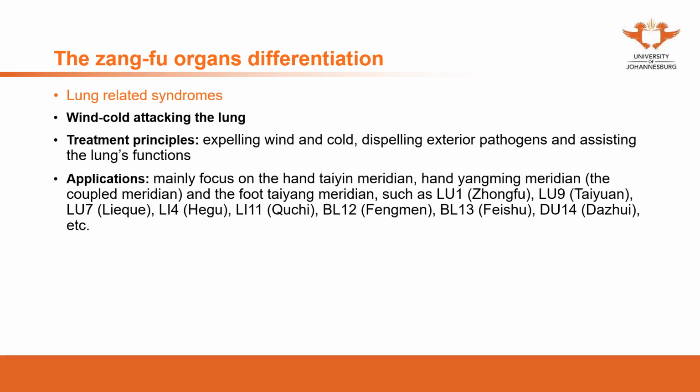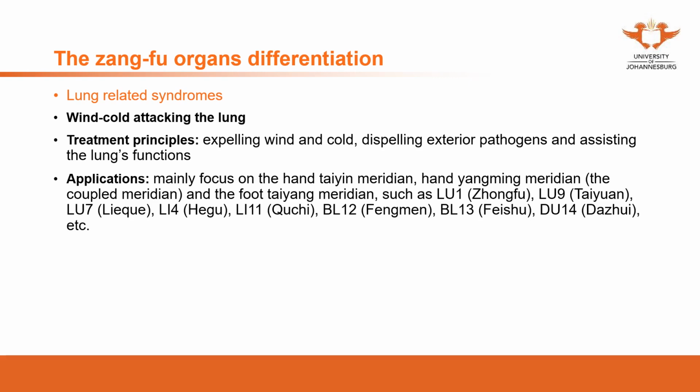These are the coldness signs. The treatment principles will be expelling the wind and cold, expelling exterior pathogens, the wind exterior, and assisting in recovering the lung's function. We're going to focus on the hand Taiyin meridian. The hand Taiyin meridian is the lung meridian. We're going to focus on the hand Yangming meridian.